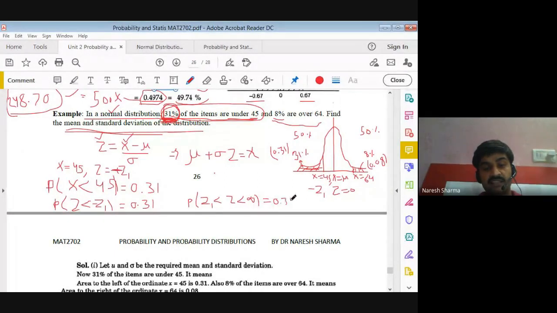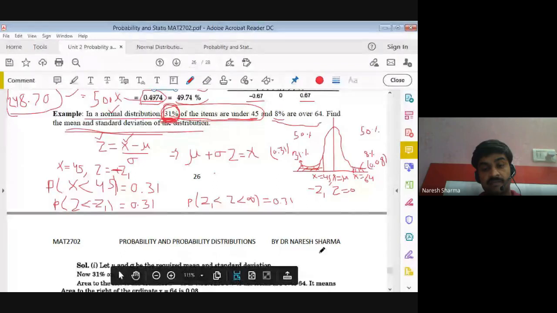And we know that this z1 maybe lies somewhere here, so it looks like this. This is now z1, suppose. Z1 to infinity we may calculate as 0 to infinity minus 0 to z1.